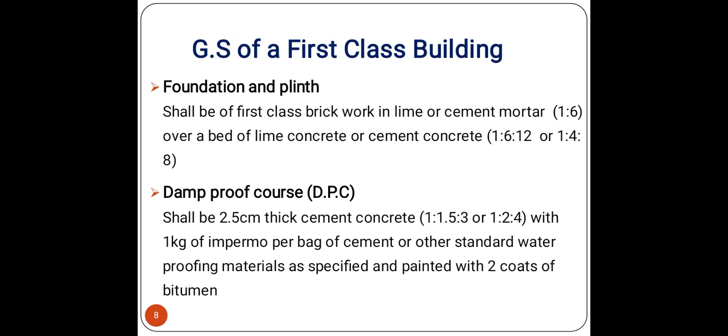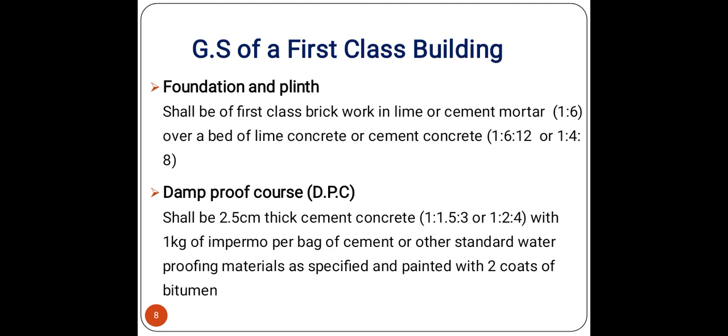Now, first is the general specification of a first class building. In the case of foundation and plinth, it shall be of first class brickwork in lime or cement mortar 1:6 over a bed of lime concrete or cement concrete 1:6:12 or 1:4:8.